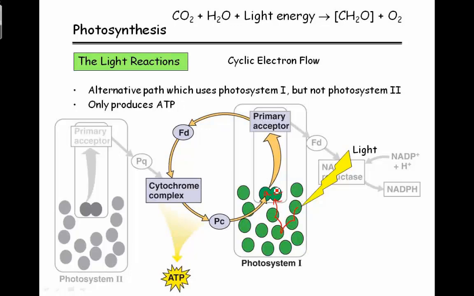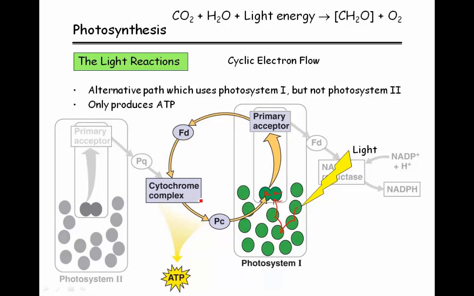When it gets to the chlorophyll A's, the electron is boosted up, it is collected by the primary electron acceptor, and then it will be passed down an electron transport chain. That electron transport chain will move hydrogens across the membrane to generate the hydrogen ion gradient, and it will power the ATP synthase so that we will get ATP made by chemiosmosis.